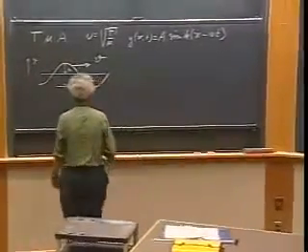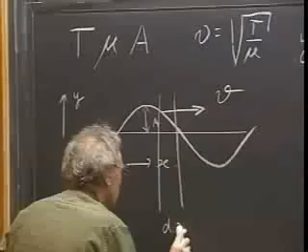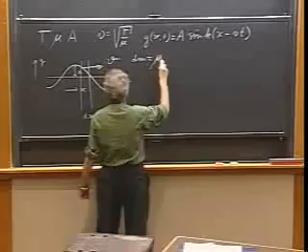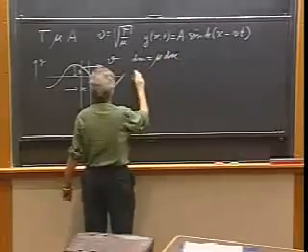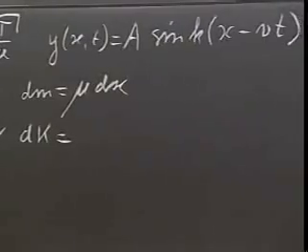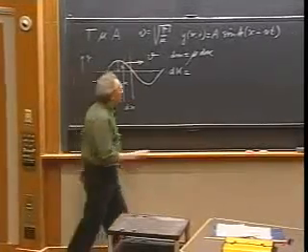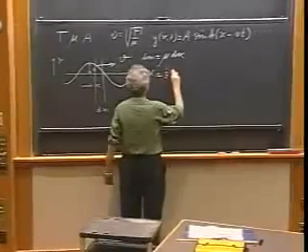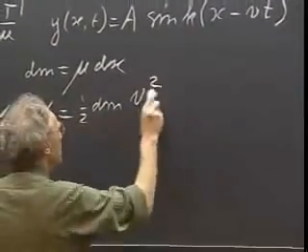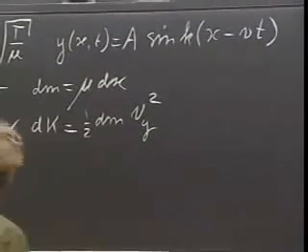I slice out here a section dx. And so the mass in that section, dm, is mu times dx. And so the little bit of kinetic energy, K stands for kinetic energy, in this small part is 1/2 times the mass, 1/2 mv squared, and v is the speed, the velocity in the y direction.